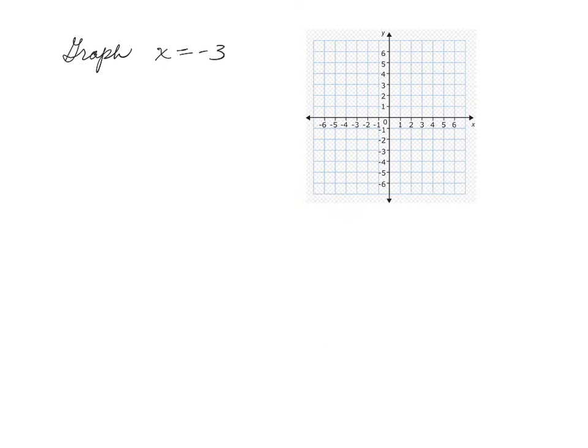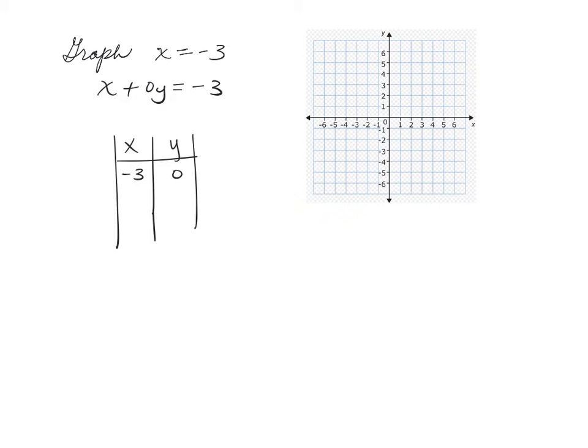Now, look at x equals negative 3. If you have trouble remembering that x equals negative 3 is going to be a vertical line, then you plot some points. You say, okay, let me choose some points for y. And remember, this is an equation, x plus 0y equals negative 3. If x and y are in your table, and you choose a point, if y is 0, then x is negative 3.